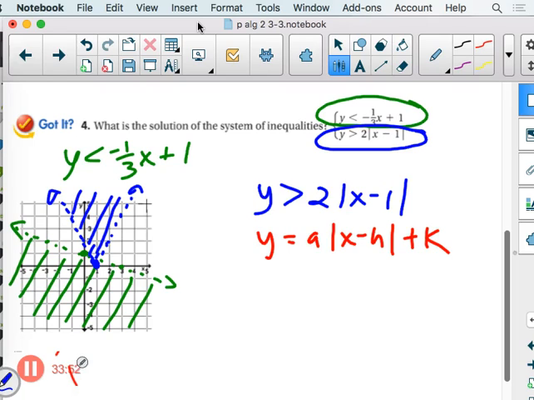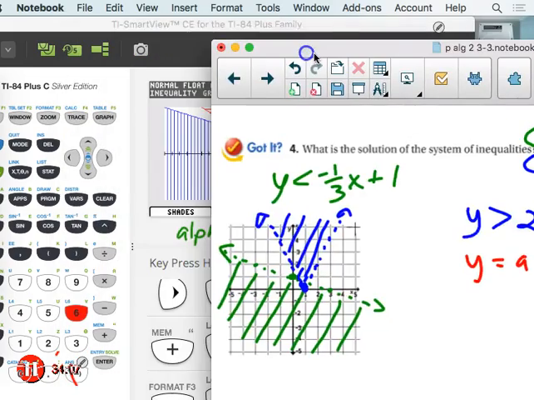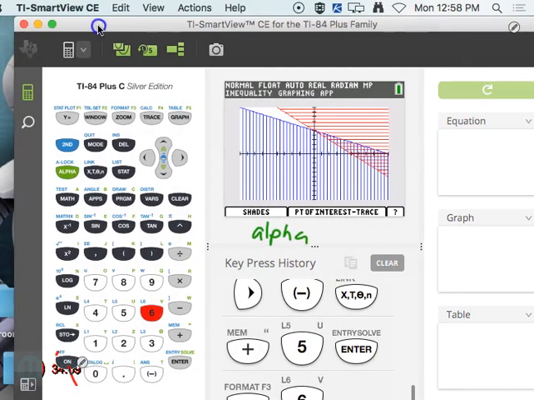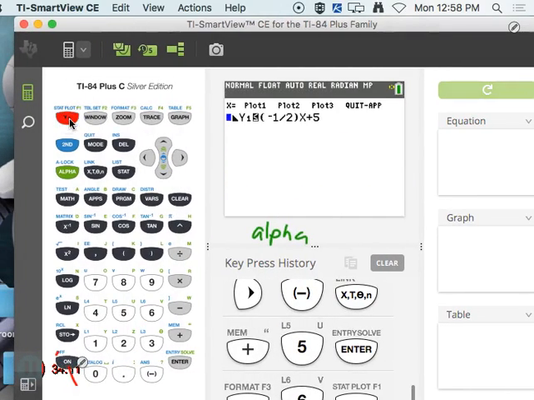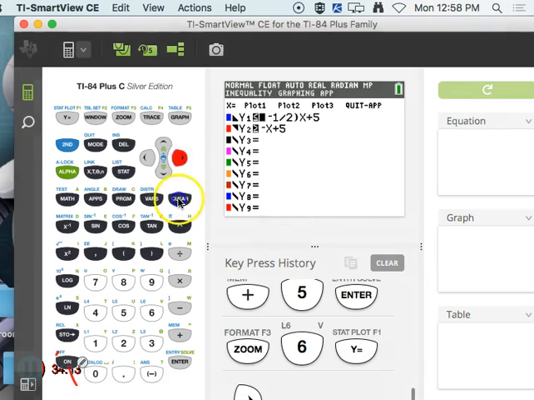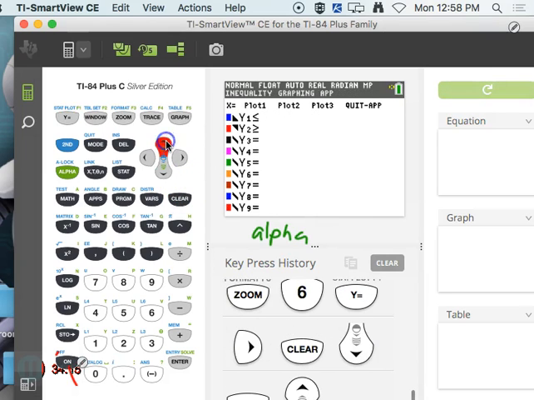So, let's say I was really worried about this one and I wanted to check this on my graphing calculator. Turns out your graphing calculator not only does those inequalities, it also does the shading and it does the V and it does everything. So grab the graphing calculator. All right, you ready? We need Y is less than.